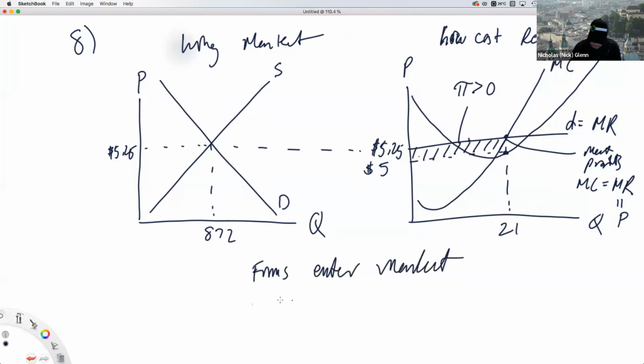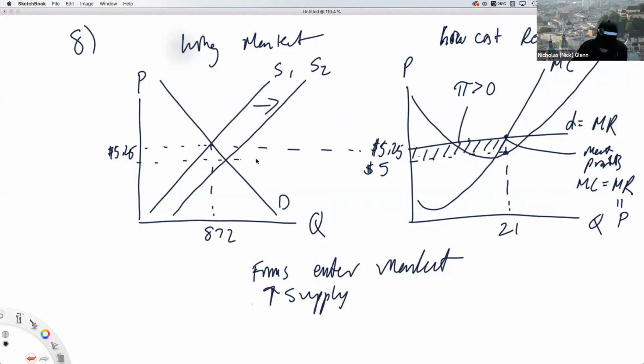Firms entering the market increases supply. The supply curve is going to shift. And they're going to keep entering this market until they push the price down enough where the price level equals the average total cost. So what would happen here in this case? Maybe you see a reduction in production from this low cost restaurant.